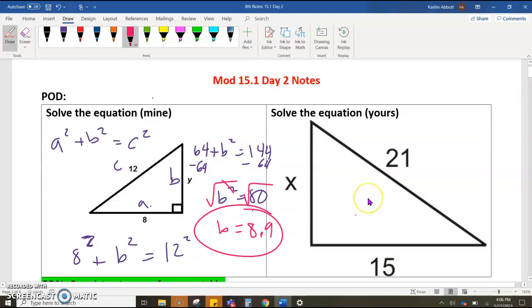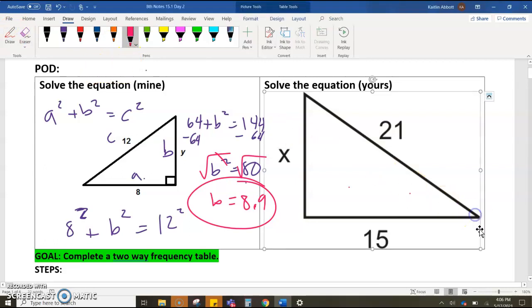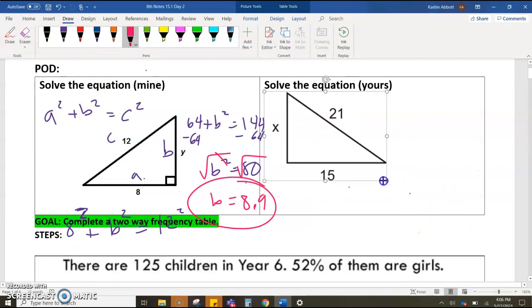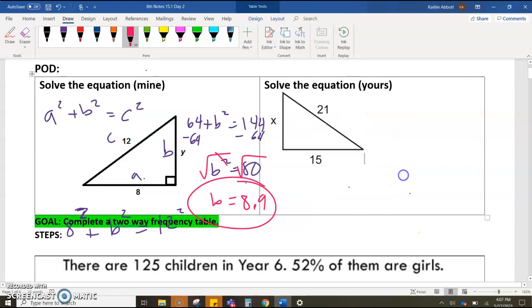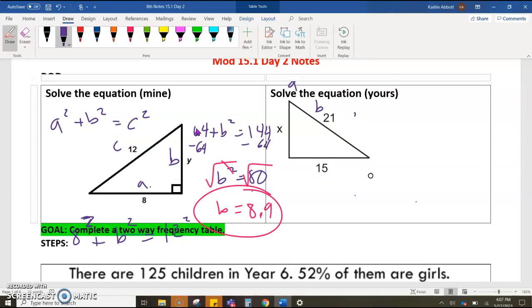Okay, welcome back. I'm going to make this smaller so I have some room. Okay, so we need a squared plus b squared equals c squared. So remember, these sides are a and b. It doesn't matter which one.